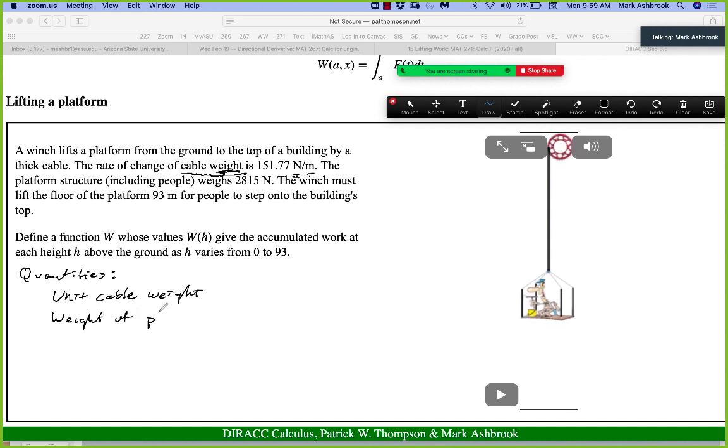So yes, the weight of the platform, and I think we can put the platform plus the people all together. Okay, what other quantities are going to be important here? The height above the ground. Okay, good. The height of the platform above the ground is going to be important.